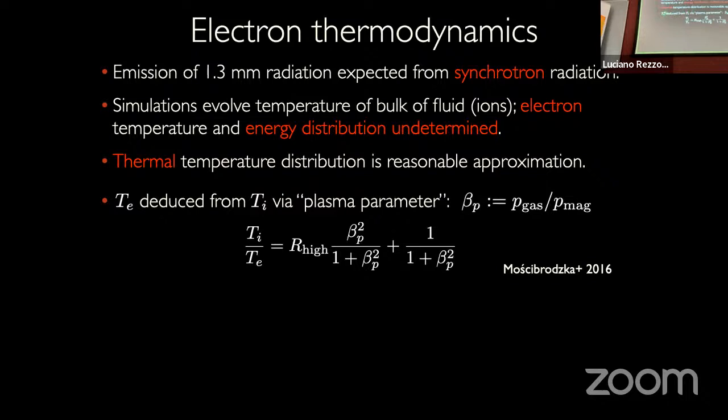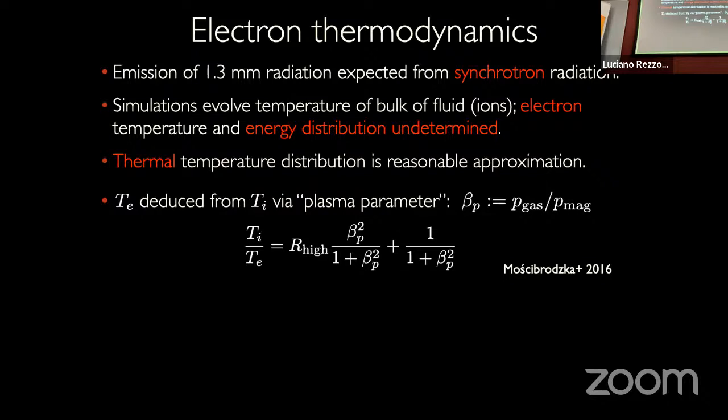And then you say that T_e, the temperature of the electrons, is given by this very simple formula, which has essentially two parameters, although one is not really a parameter. This is the plasma beta, the ratio between the gas and magnetic pressures.